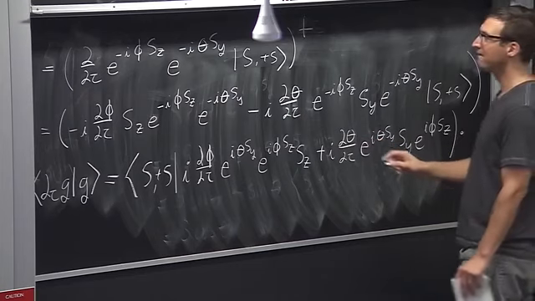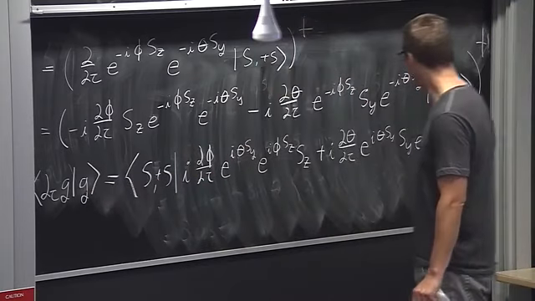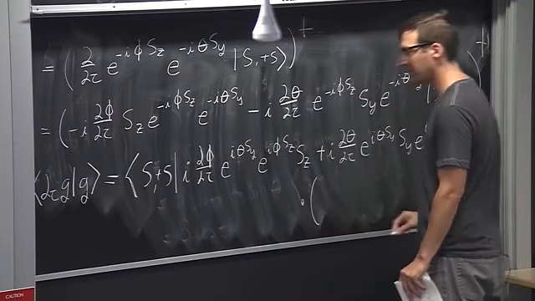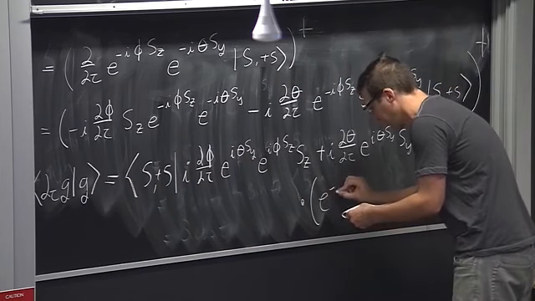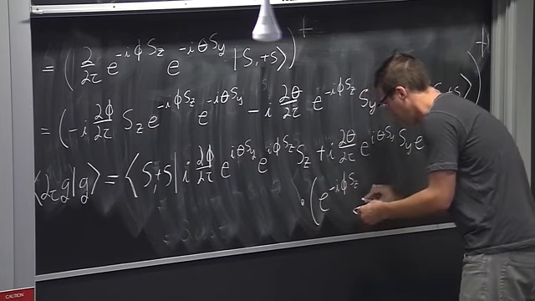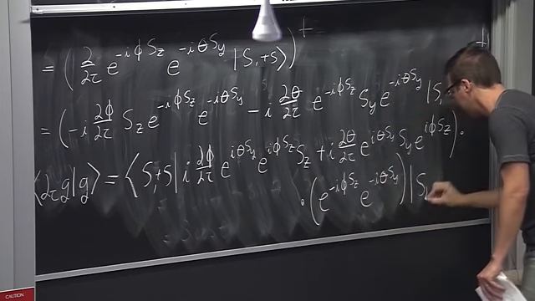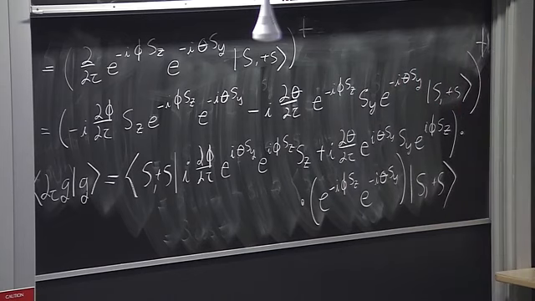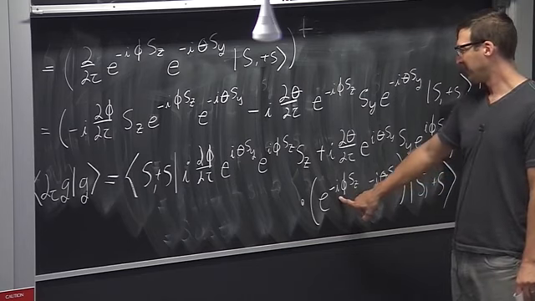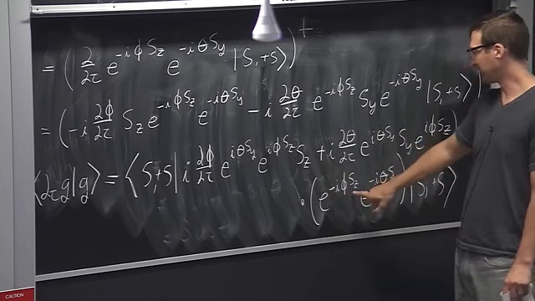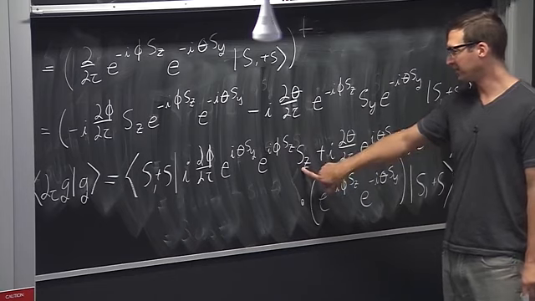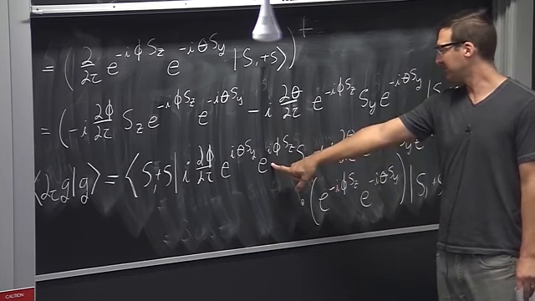Now the ket is this G thing. Okay, so S plus S. Sweet. So you see a first term here. You have an exponential written in terms of SZ operator. It commutes through. It's going to give you unity when it hits this bad boy.